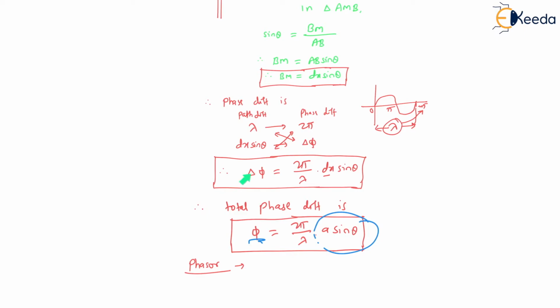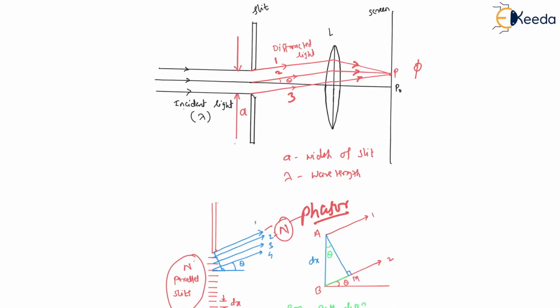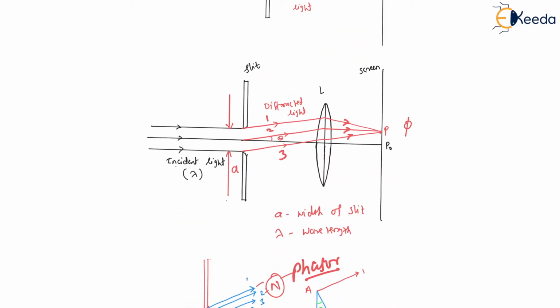Then again this is the phase difference for two adjacent small rays, or for those rays which are coming from those n parallel slits. So what does the total phase difference mean? It is the phase difference between the first ray, which starts from the top of the slit, and the last ray, which starts from the bottom of the slit.